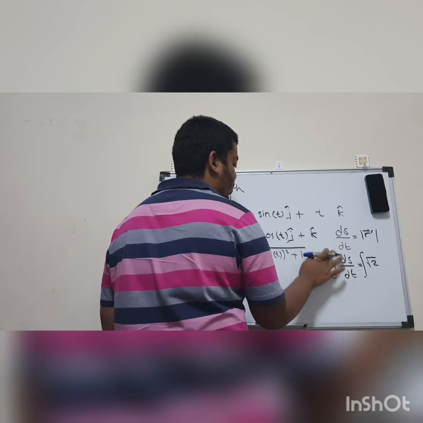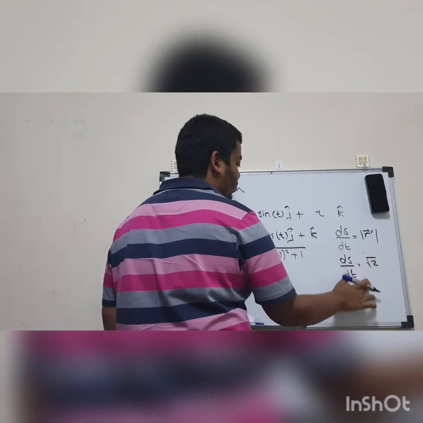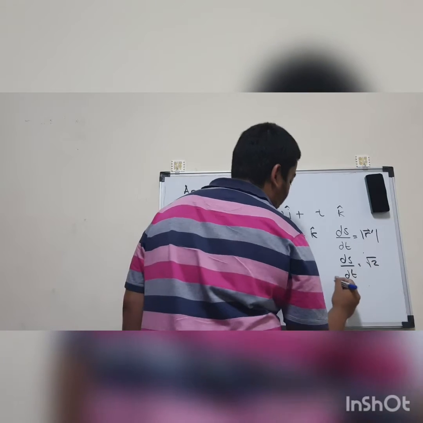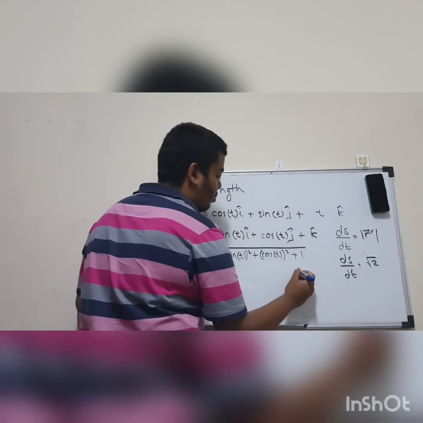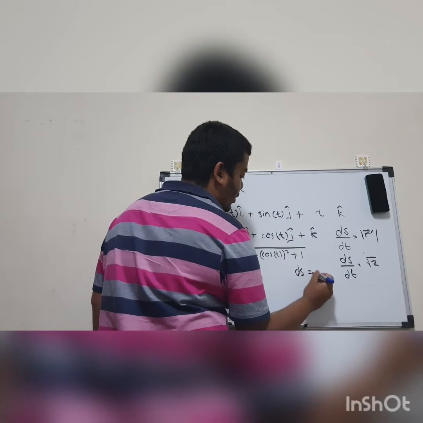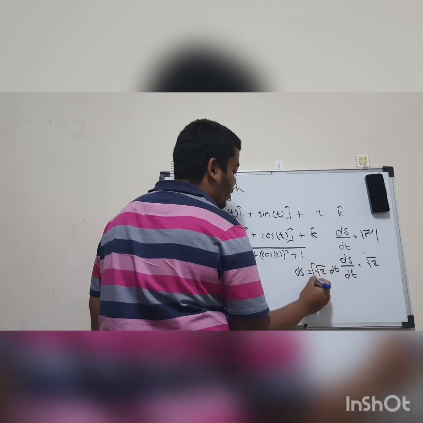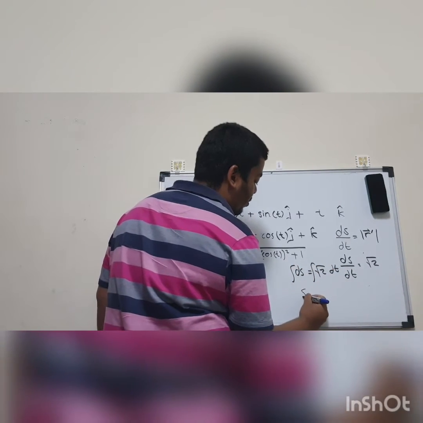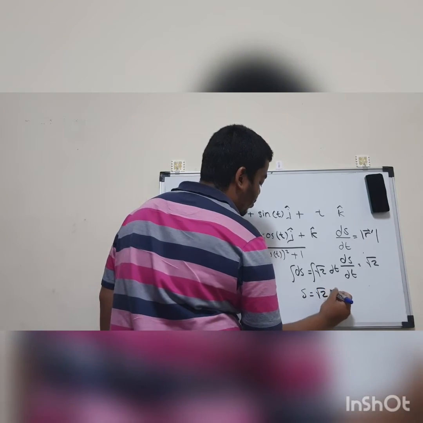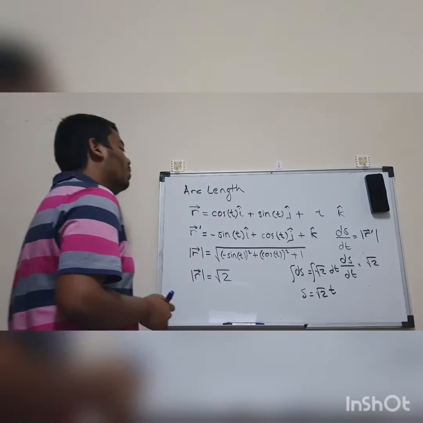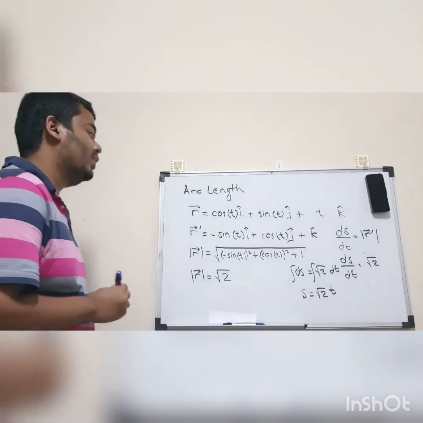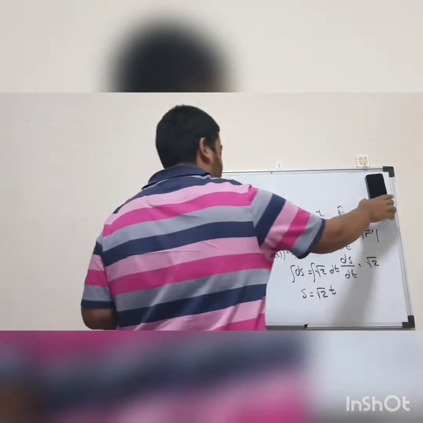Before integrating both sides, I forgot something: we need to bring dt to the other side. So ds is equal to the square root of 2 dt, and then integrating both sides, we have s equal to the square root of 2 times t. Perfect. When we have this, let me remove everything.